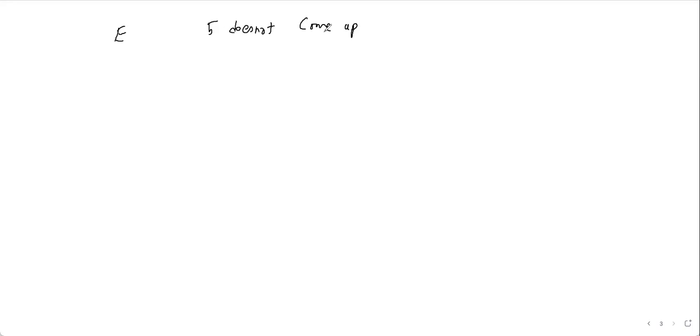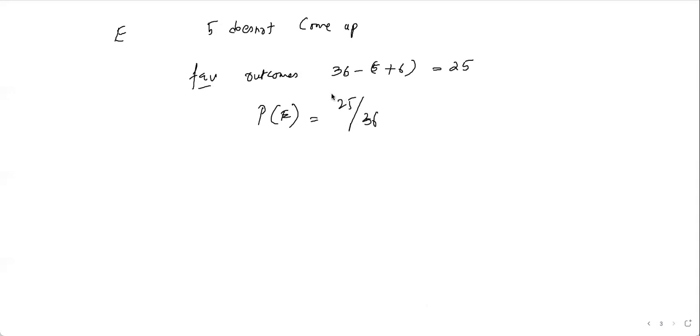The favorable outcomes will be 36 minus (5 plus 6), within this bracket, which is 25. So the probability of the event E is 25 by 36, which is the favorable divided by the possible outcomes. So you can solve by either of these methods.